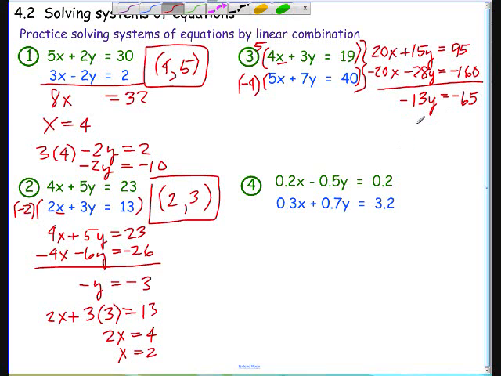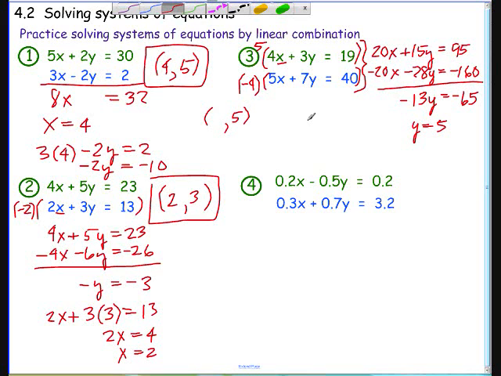Did I do my math right? If I divide both of these by a negative 13, I'll get a positive something. How many times will 13 go into 65? 5 times. Oh, works out a lot better than I thought it was going to. So I've got an answer here that includes a y of 5.